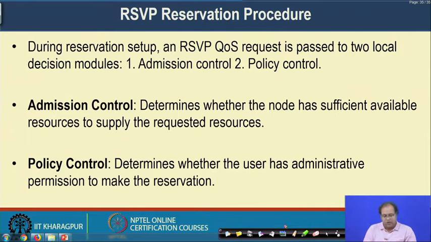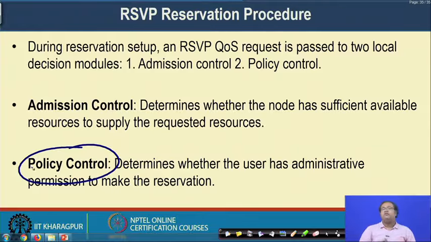This policy control module determines whether the user has administrative permission to make the reservation. Now, that is an important aspect at internet scale. So, for example, if you have not made the specific service level agreement, in that case, even if you are trying to send some voice over IP packets, those packets will be treated as best effort packets, not as high priority packets.